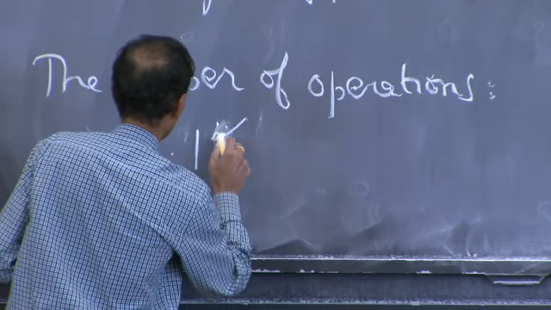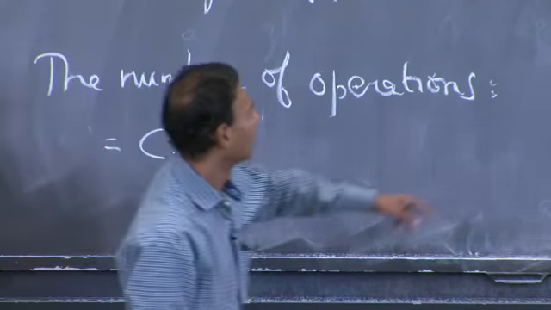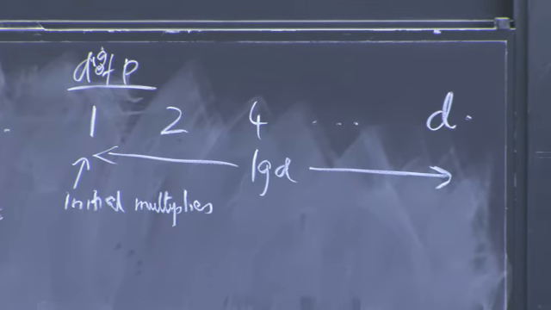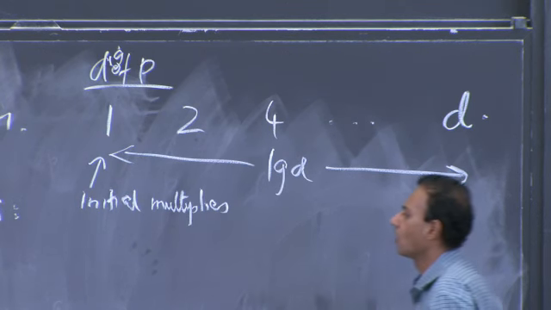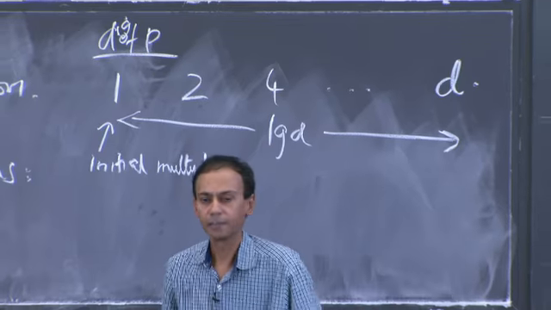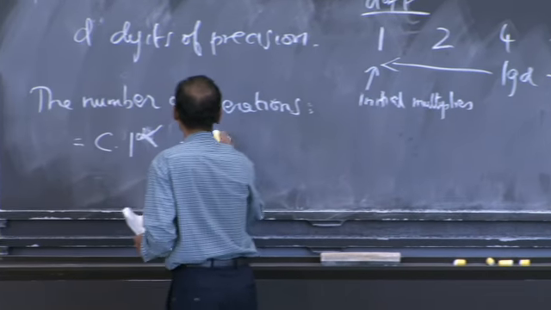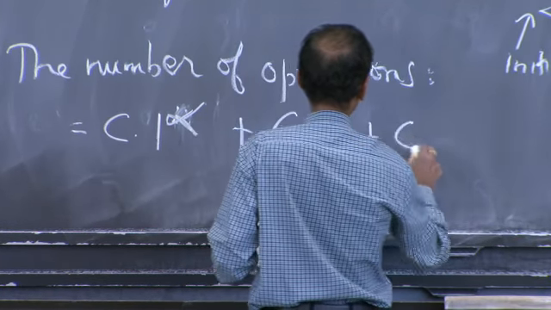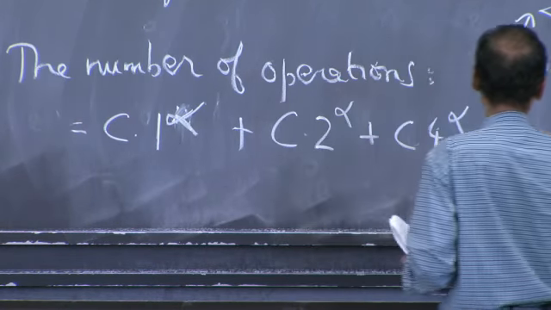Now I can imagine that for this iteration, the very first one, that I have something like c times 1 raised to alpha, right? Because it's just a single digit of precision, okay? And the next one, I'm using the same algorithm. So this is c times 2 raised to alpha, c times 4 raised to alpha, okay?